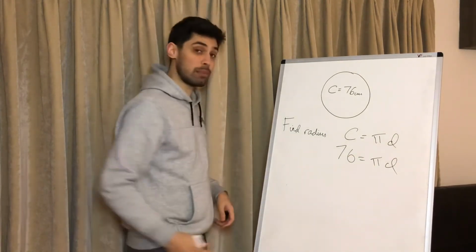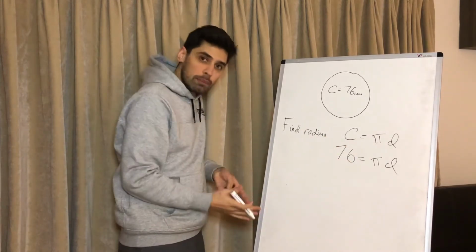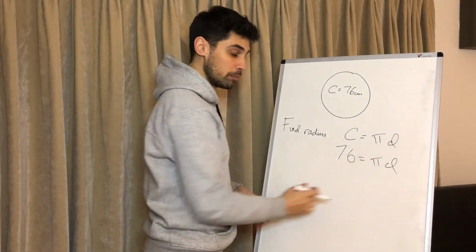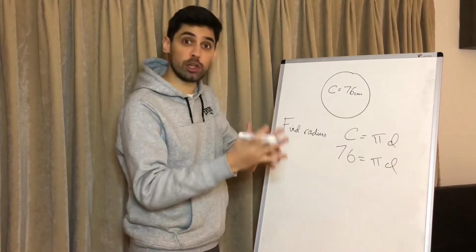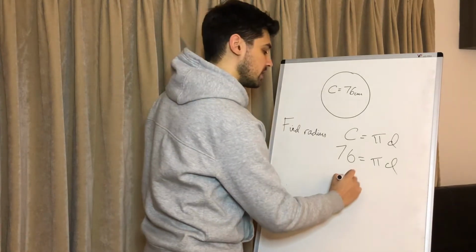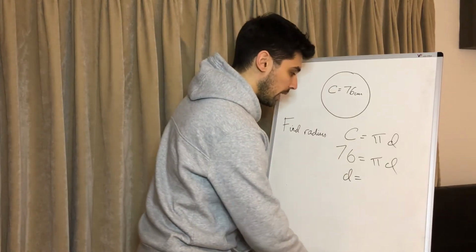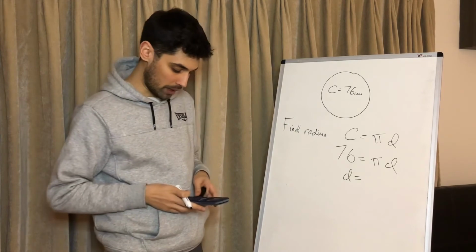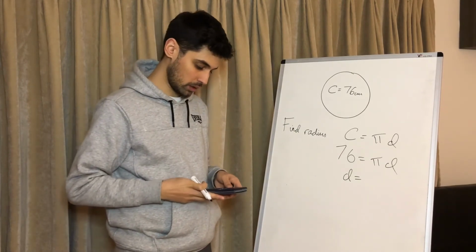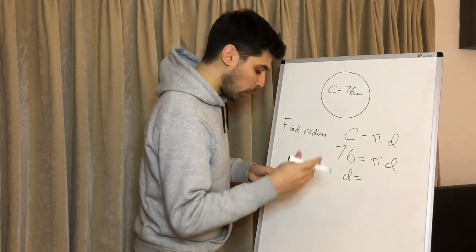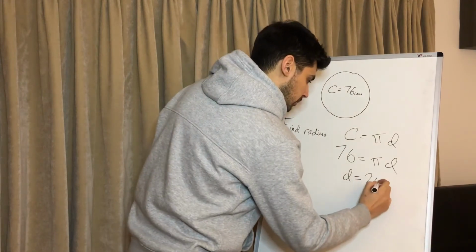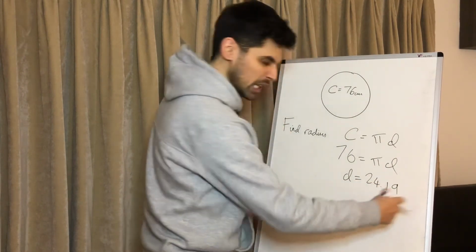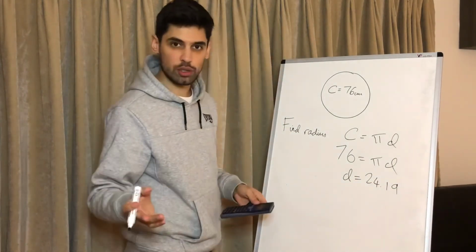Now we want to get the d by itself, so we divide by pi. The pi is connected to the d by times, so to move it we have to do the opposite. So that's going to give us d equals, and we'll grab our calculator to do 76 divided by pi, 24.19. There's a few decimal places more there, but I'll just round it to 2 decimal places.